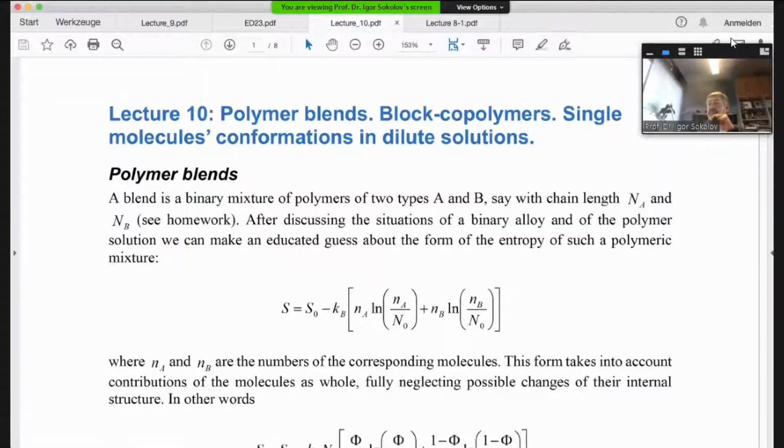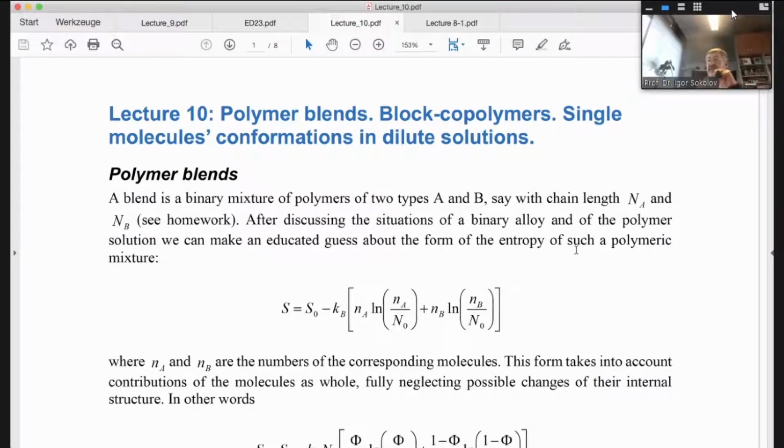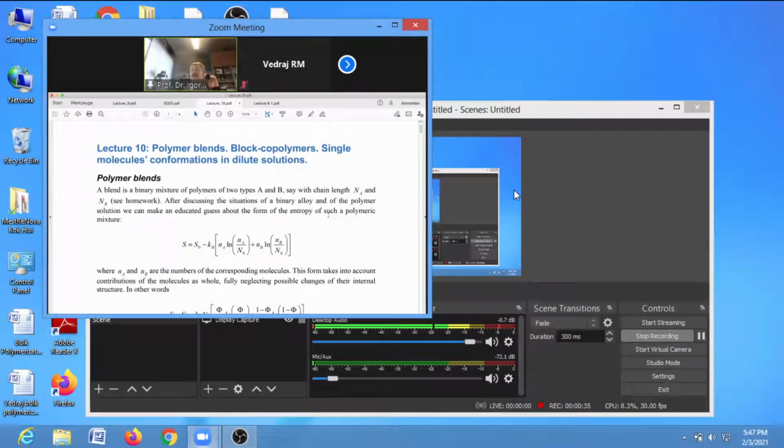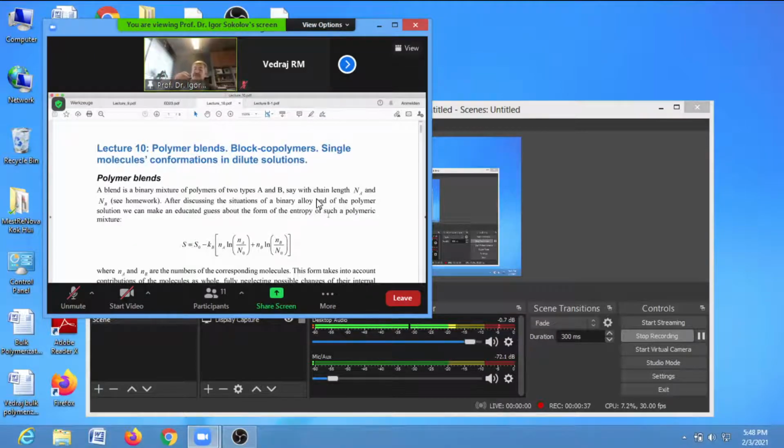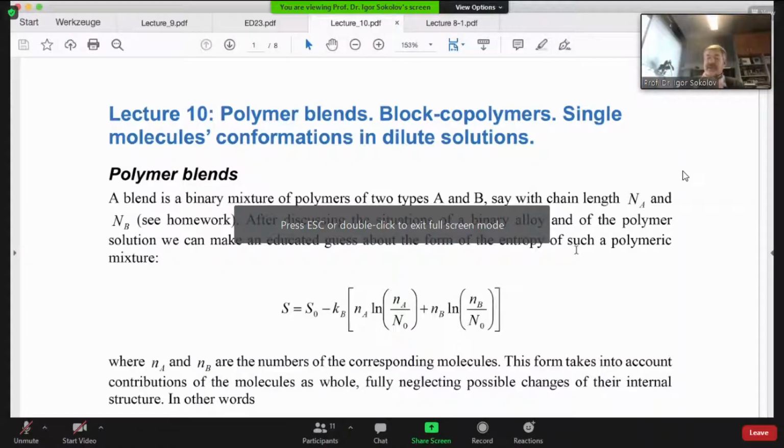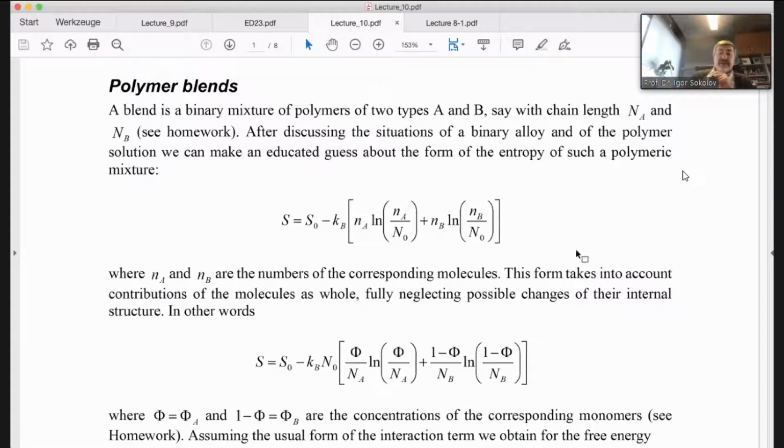I will always consider the solvent as having lower or the same molecular weight as the polymer. Now the difference to what we have considered in our lecture yesterday is really minor.